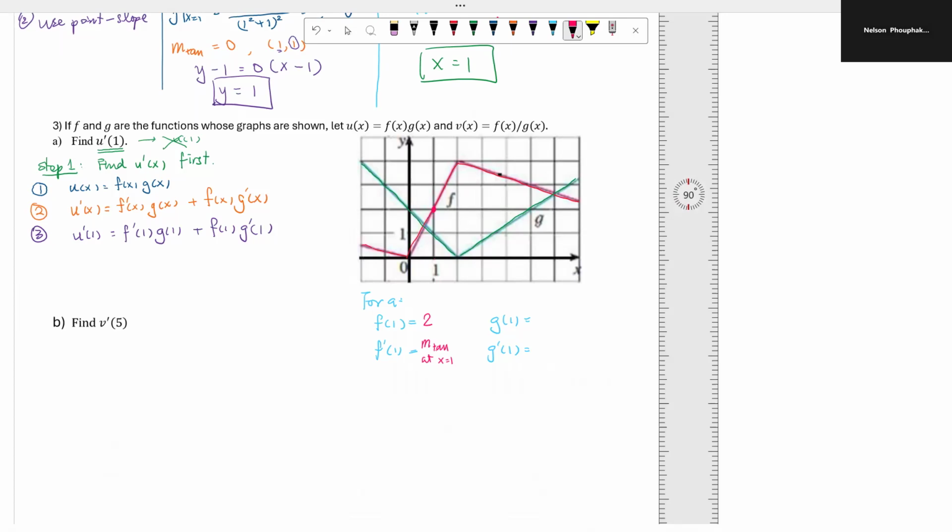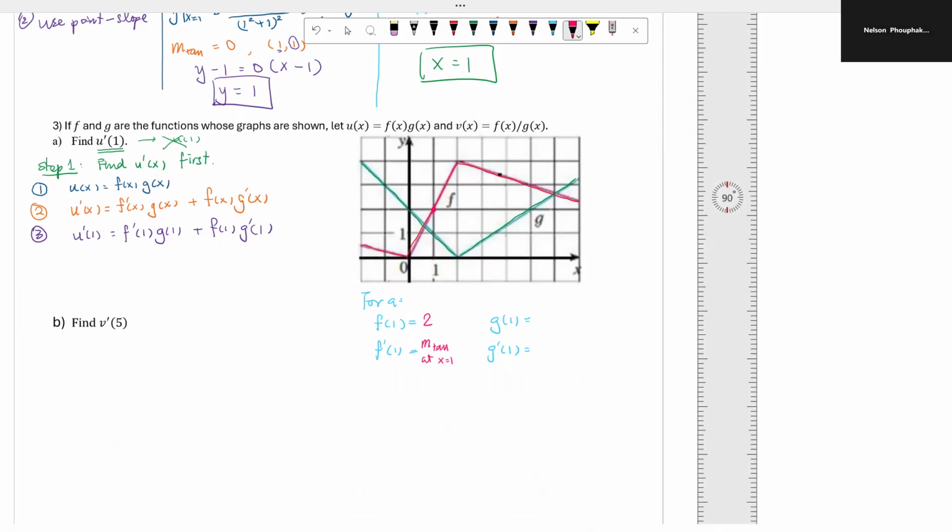Okay. Then how do we find the slope here? We could look at the slope from this point to this point. So basically, we go up by 2 units, rise, and go 1 by 1. Okay. So in this case, f prime of 1 is equal to 2.